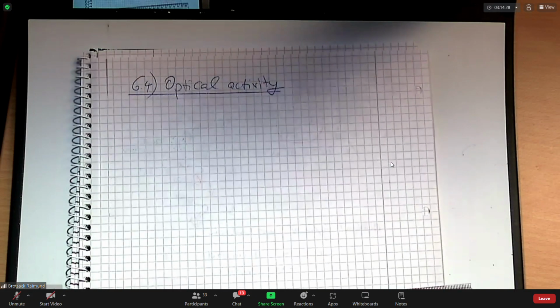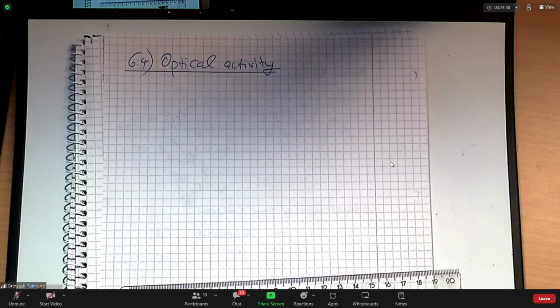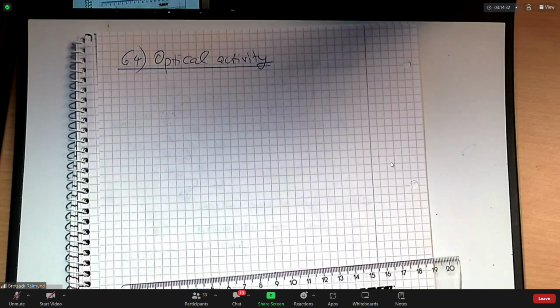That's quite important because from time to time, we have the situation that we have a molecule which is created out of atoms and bonds in the same way, but we have 2 different types.